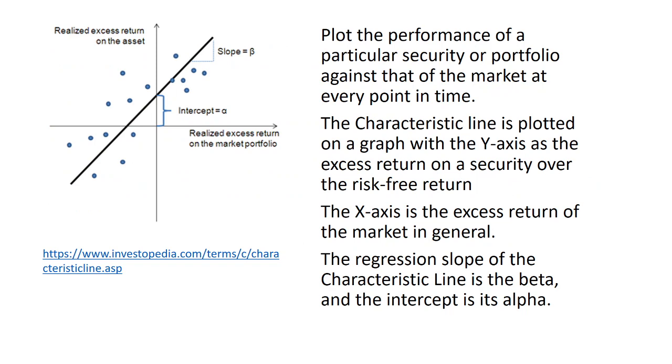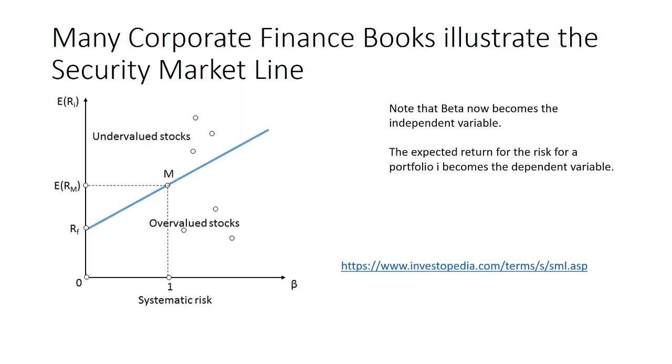And this is kind of the example where the y is the realized excess return on the asset and the x is the excess return on the market portfolio, and you have some points below and above the line. And that's the characteristic line. The intercept then is the alpha, and the slope is the beta.